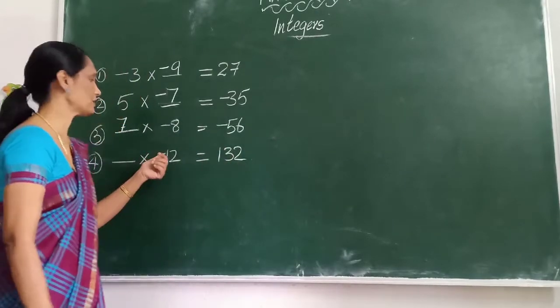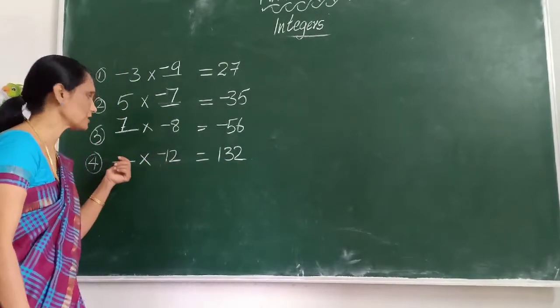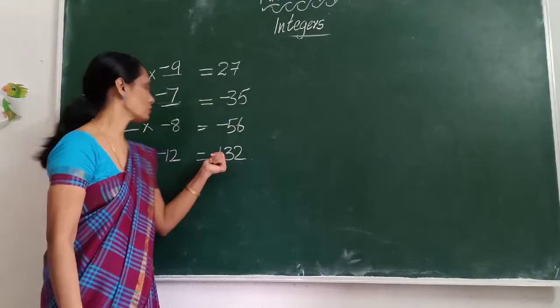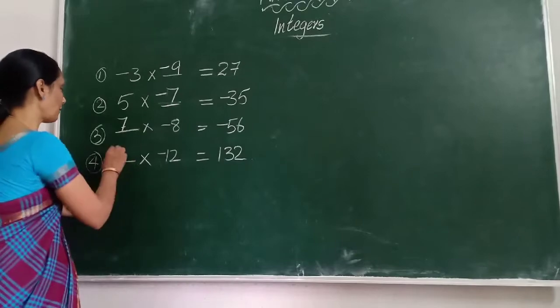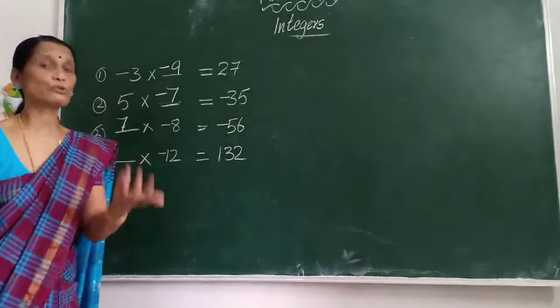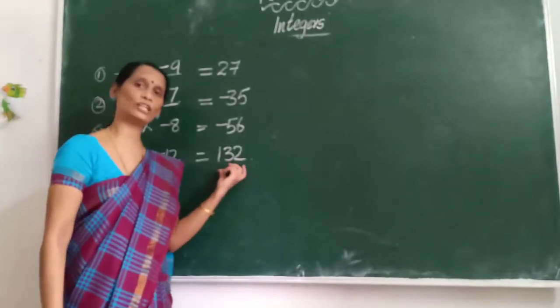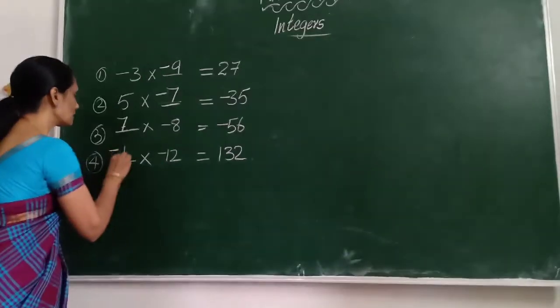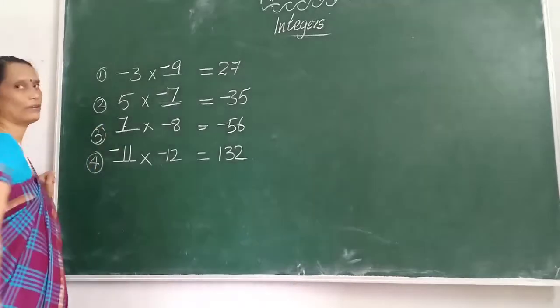So here one number is negative, so obviously the next number also should be negative. Then only we will get the positive answer. Now we have to see how many 12's are 132. 12 11's are 132. So we got minus 11.